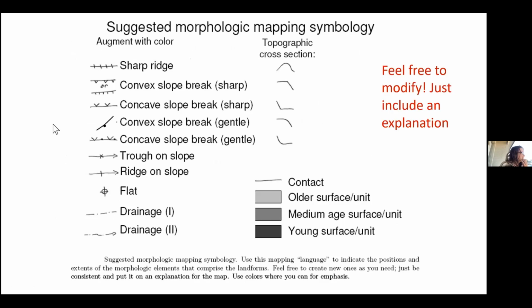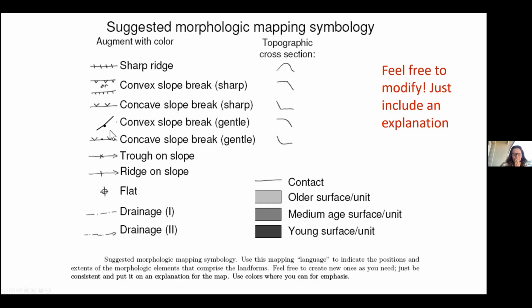So you could use the patterns that were provided in the examples I had from Savigear or this, which is a little bit of a simpler version. And you can see, like Sharp Ridge, this little railroad track, the line would be on the top of that ridge. Whereas this convex slope break is this one, concave slope is this one.